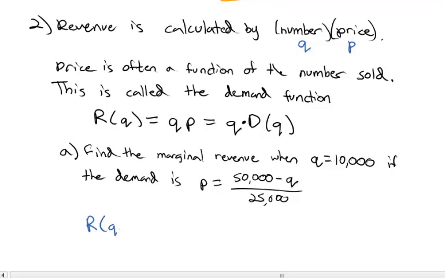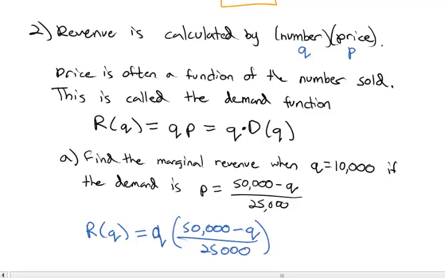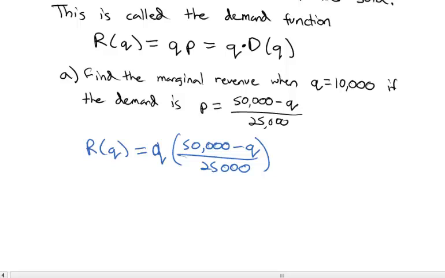Well, the revenue of Q is equal to Q times P. We're going to keep the Q for a minute. Q times P, which is 50,000 minus Q over 25,000. Let's distribute. That's really Q over 1.